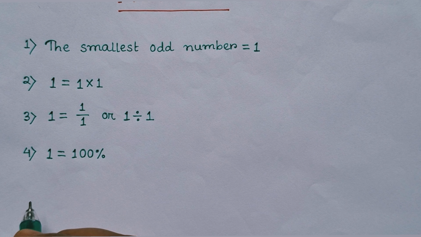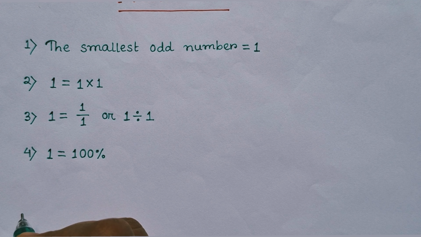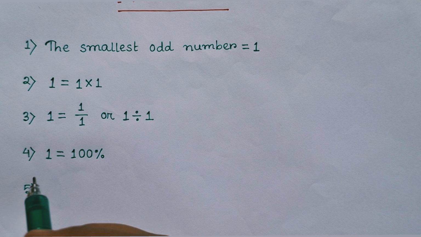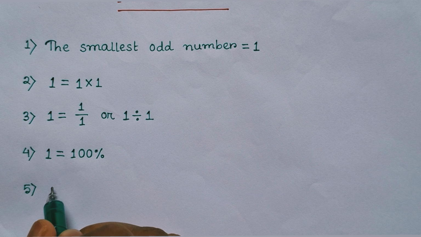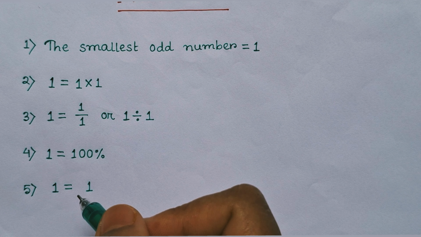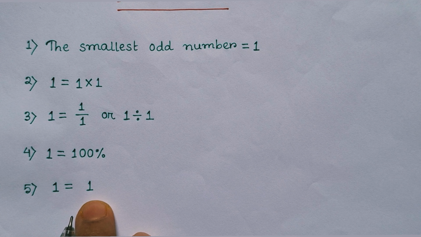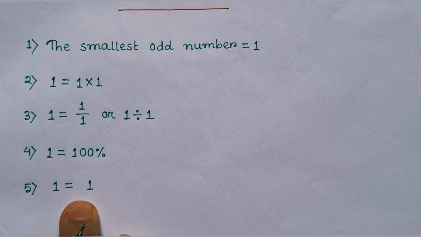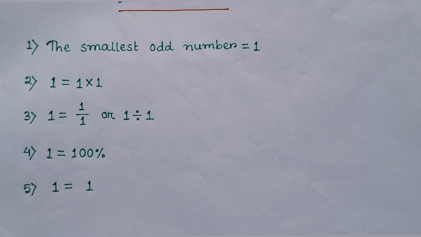Now we will talk about the sign of the number, whether the number is positive or negative. How can we say that? Suppose the number 1 is written here. 1 equals 1. So we can say that this is a positive number. If no sign is mentioned explicitly, then we have to consider that it is a positive number.